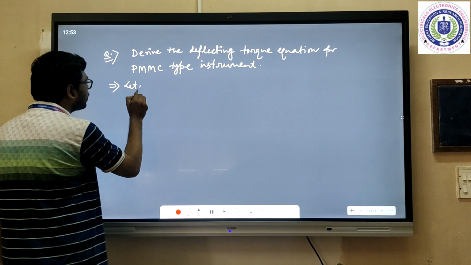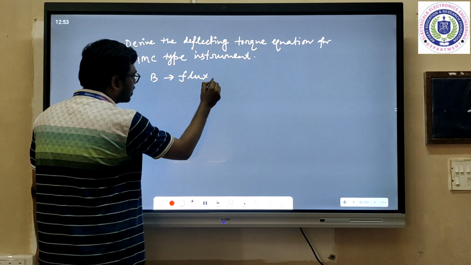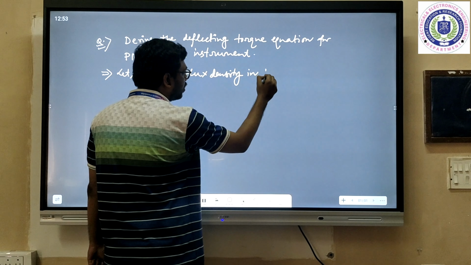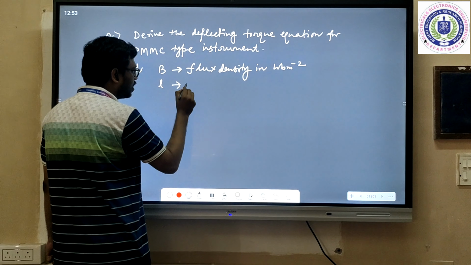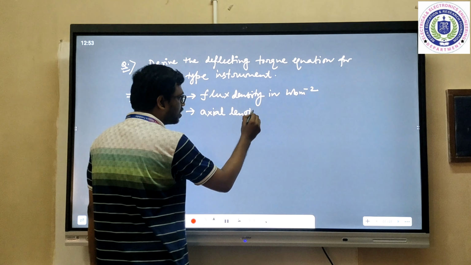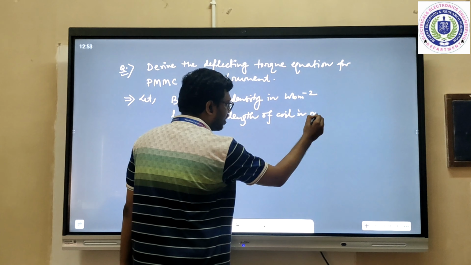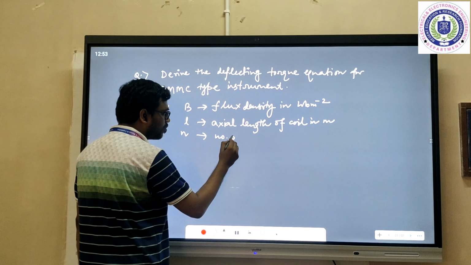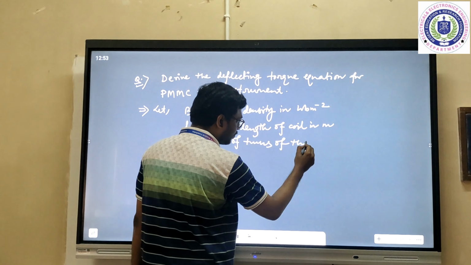So let B be the flux density in Weber per meter square. L is the axial length of coil in meter. N is the number of turns of the coil.